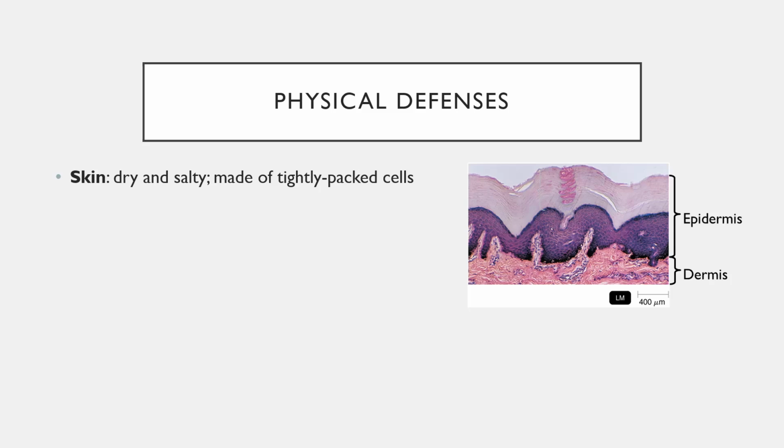It is also composed of tightly packed layers of cells, including an external layer called the epidermis, and an internal layer called the dermis. And the tight packing of cells makes it difficult for most microbes to invade by penetrating directly through the skin.